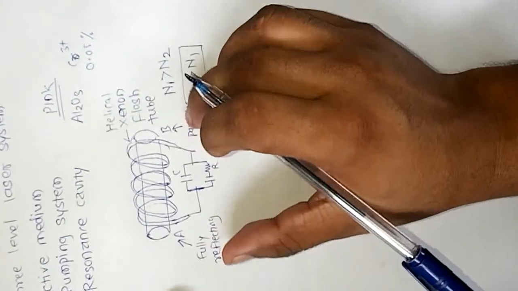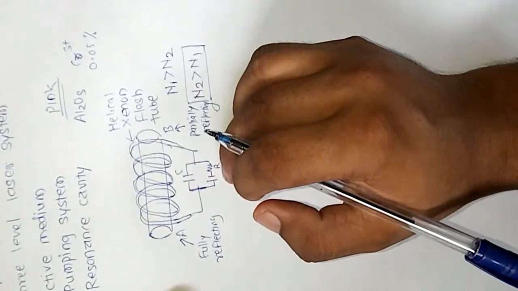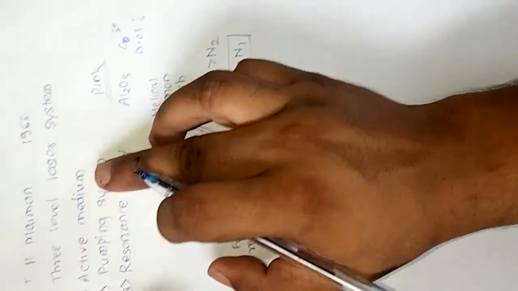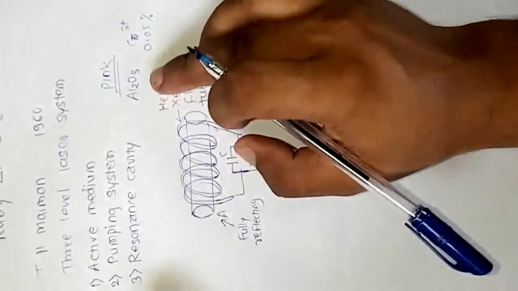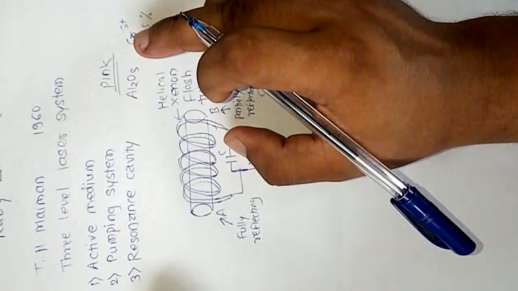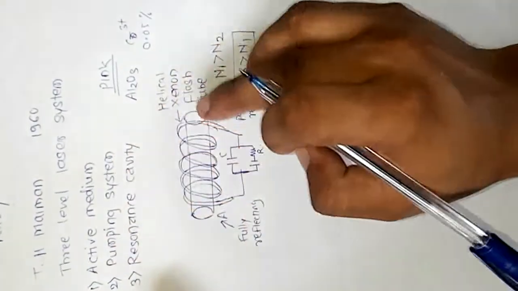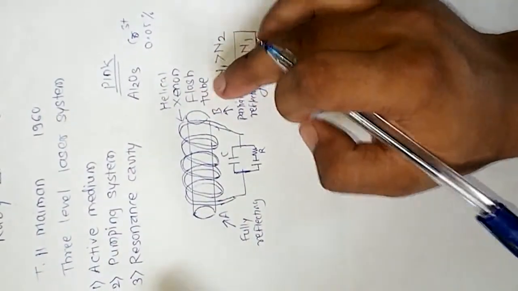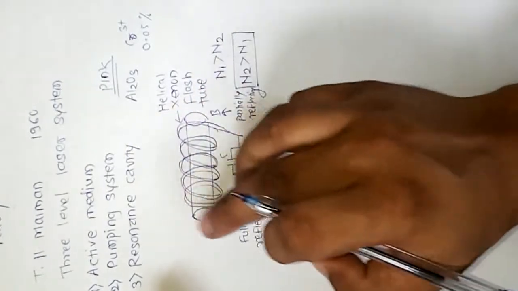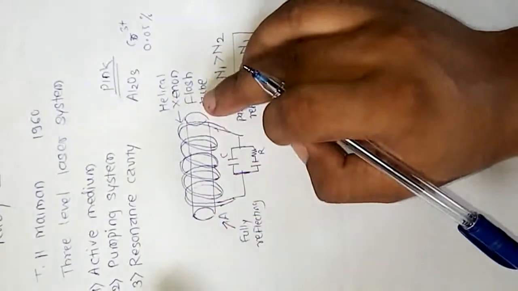In this way we create a resonance cavity. So we fulfill the three components: the active medium is the ruby rod, the pumping system is the helical xenon flash tube, and the resonance cavity is made by silvering both ends of the ruby rod.